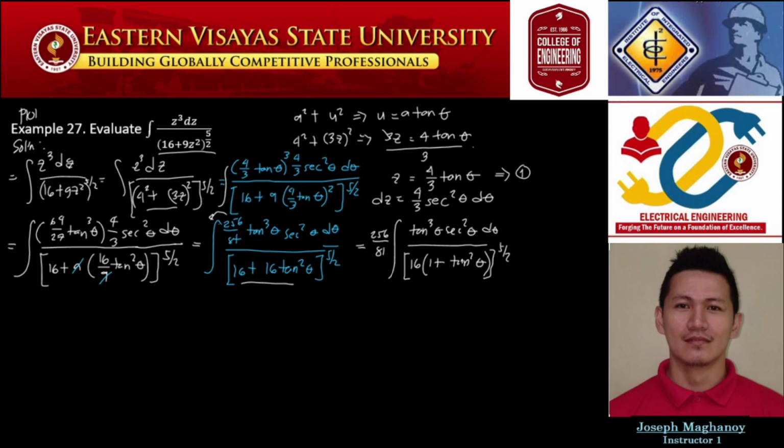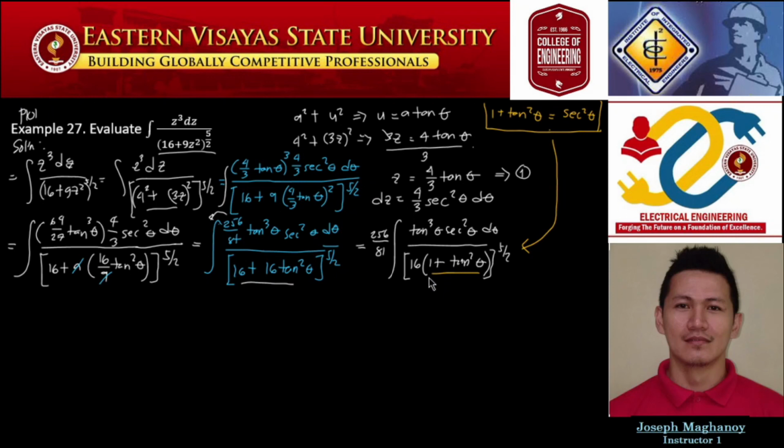Do we have an identity we can use here? Yes, we have. For 1 plus tangent squared theta, we can use secant squared theta. So we can use this identity there.